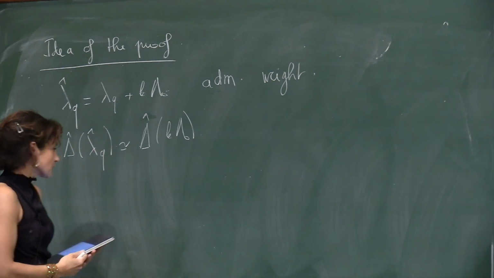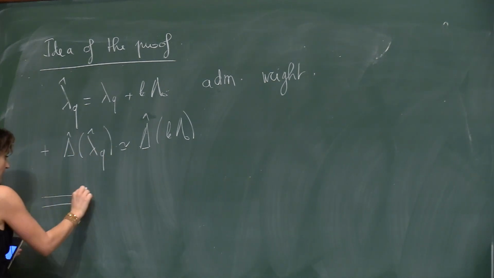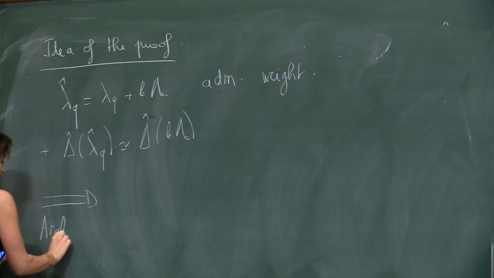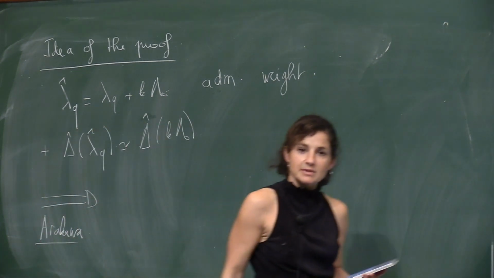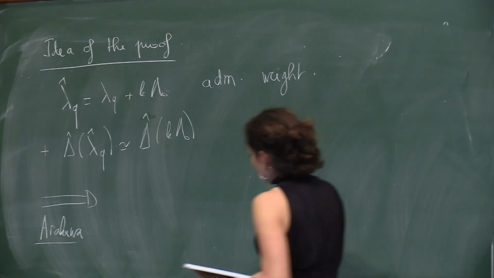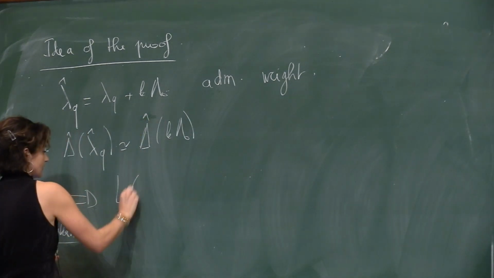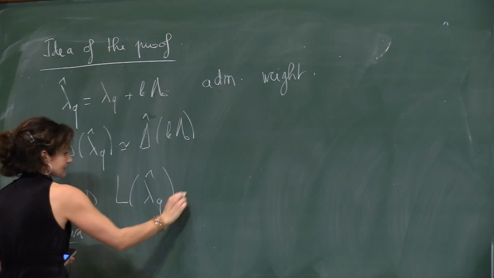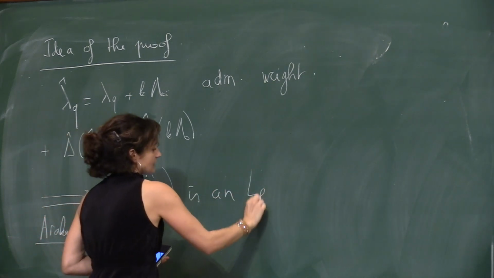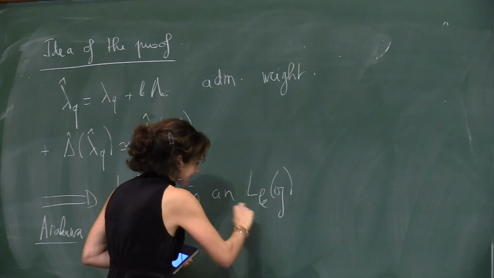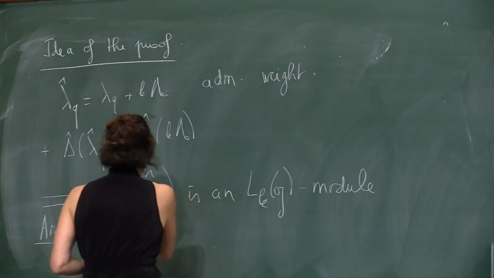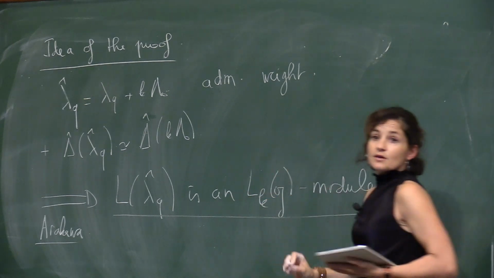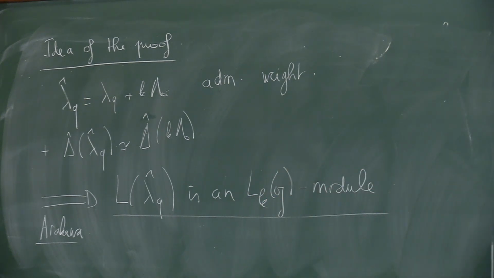Because of these two conditions, by a result of Arakawa, which was proved previously by Adamovic and Milas for SL2, it implies that L(lambda_Q hat) is an L_k(g) module. So this is the key point of the proof.